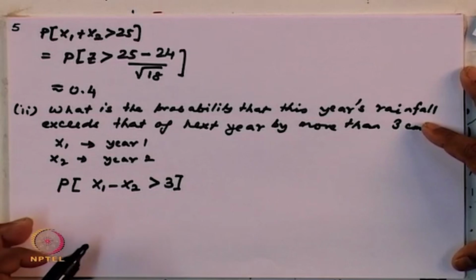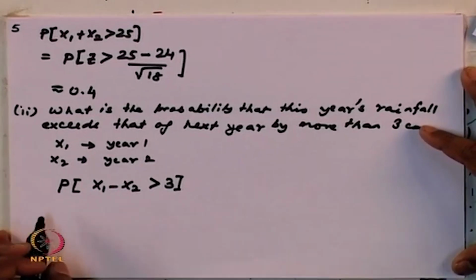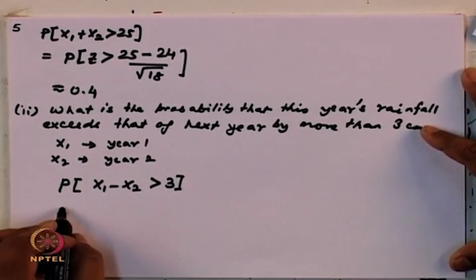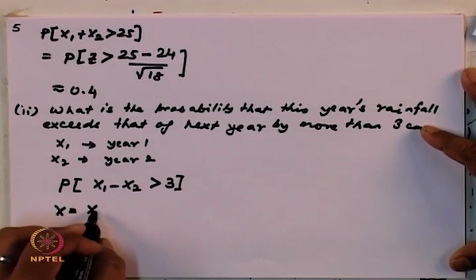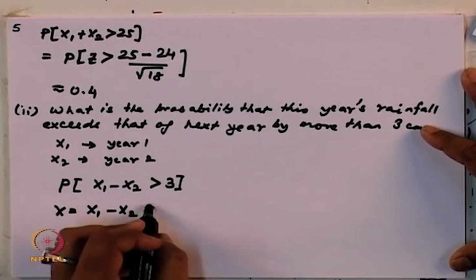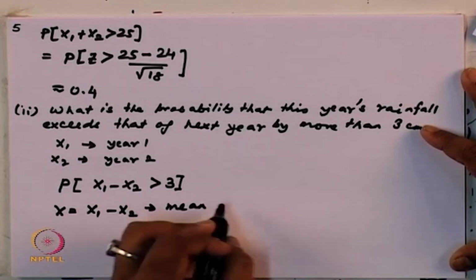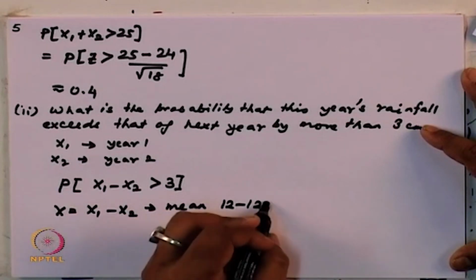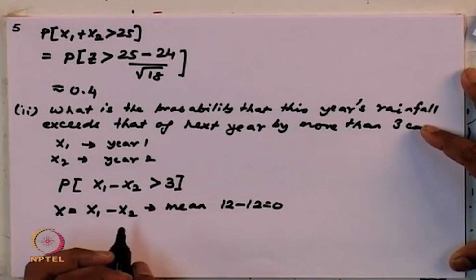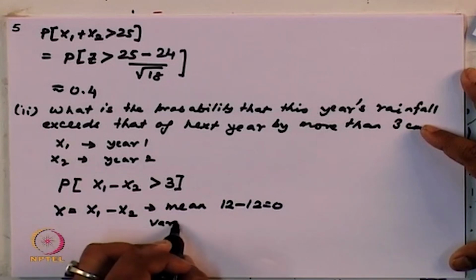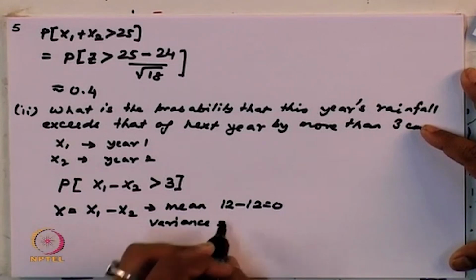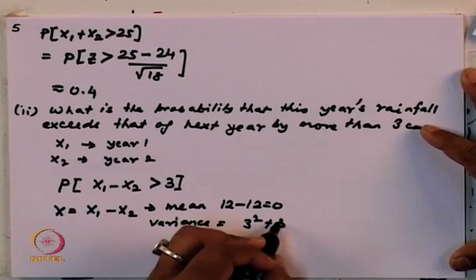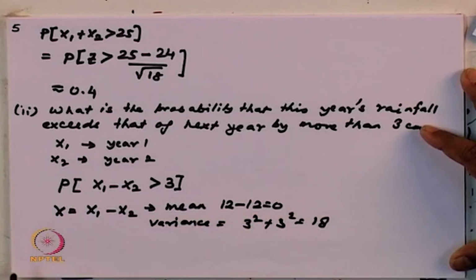Okay. So, once again we can use the previous theory and say that the random variable X equal to X1 minus X2 will have a mean of 12 minus 12, which is equal to 0, and a variance of 3 square plus 3 square, equal to 18.